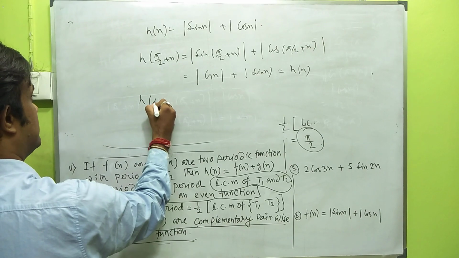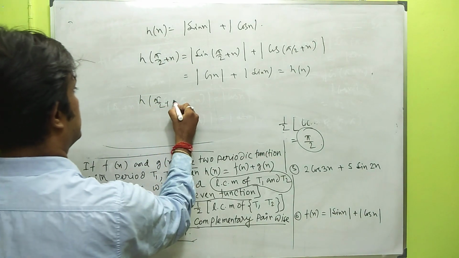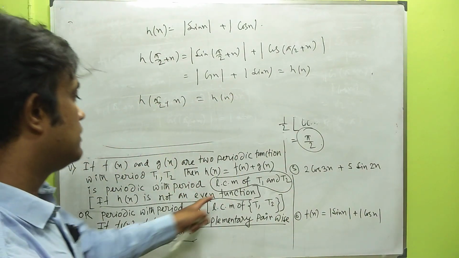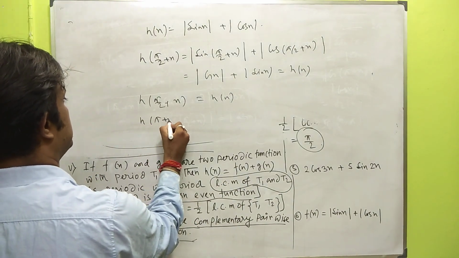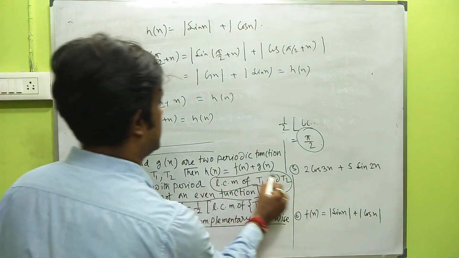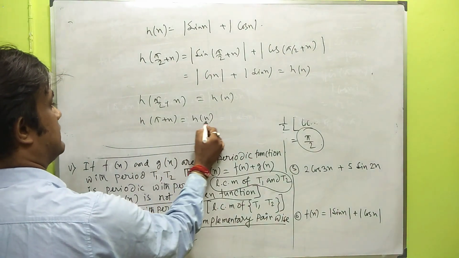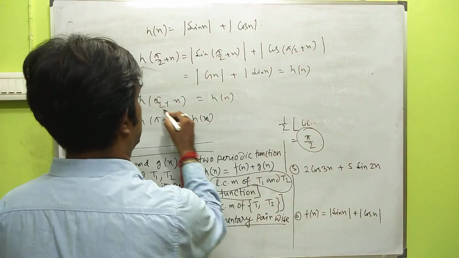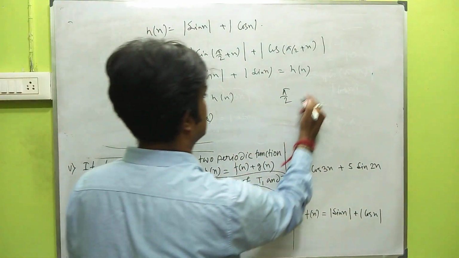So h(π/2 + x) is equal to h(x), and if we do this, then h(π + x) is also h(x). If we take only the LCM of T1 and T2, then h(π + x) will be h(x). So here we see that π/2 is less than π.